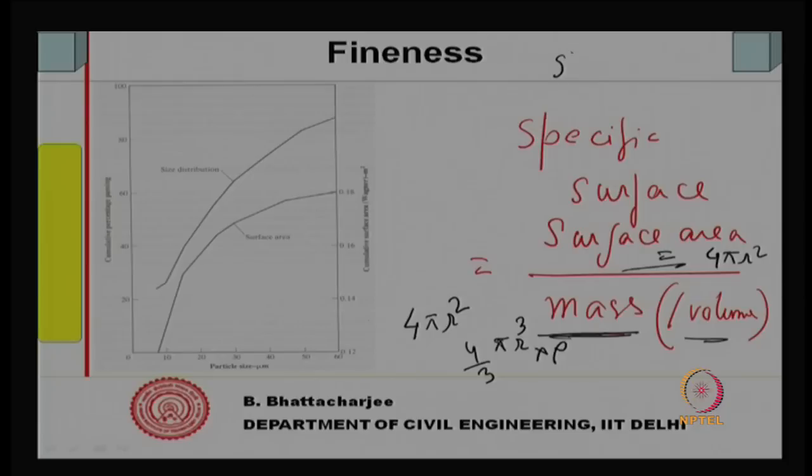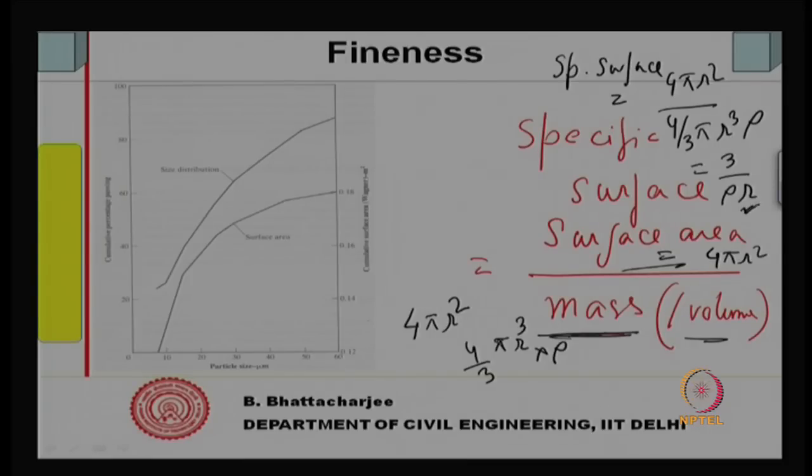So, specific surface will be equal to 4 pi r square divided by 4 by 3 pi r cube times rho, which equals 3 by rho r.